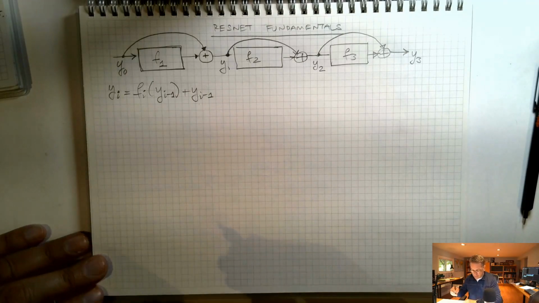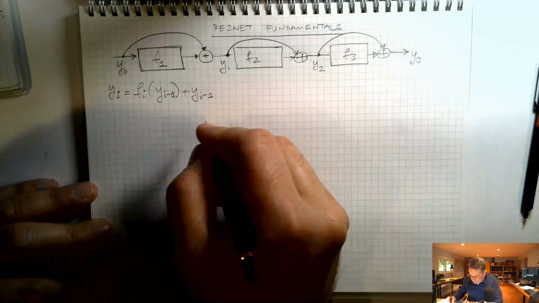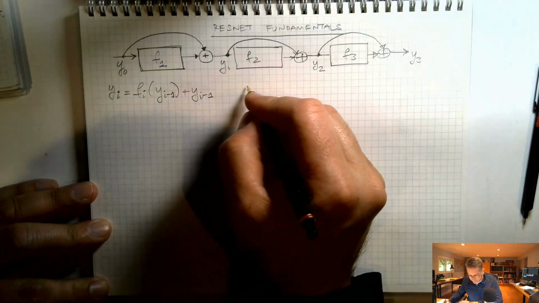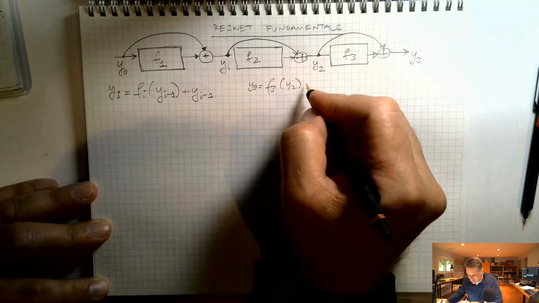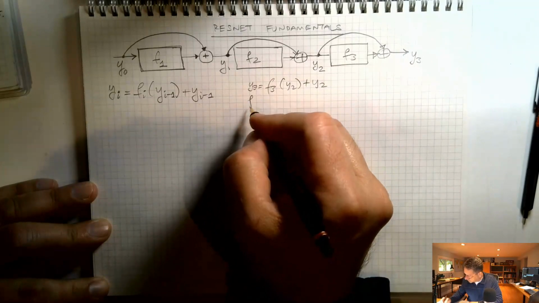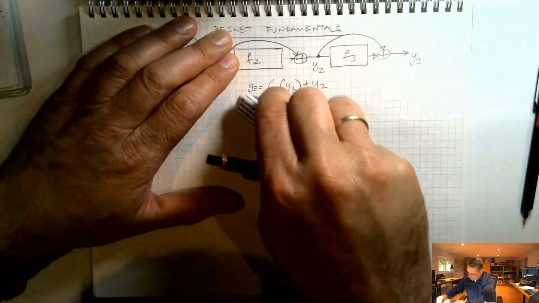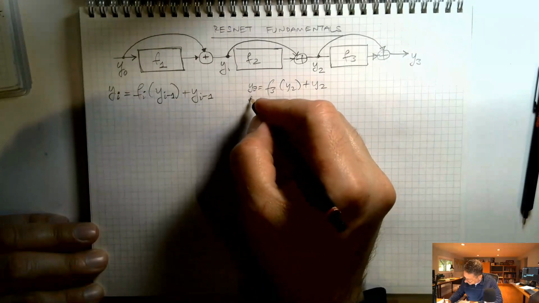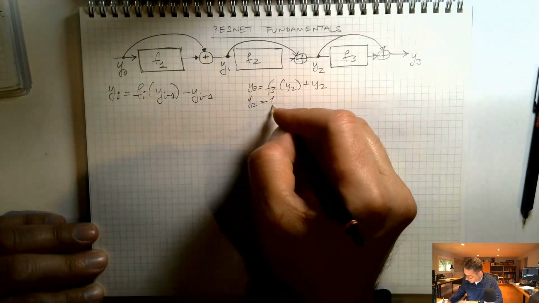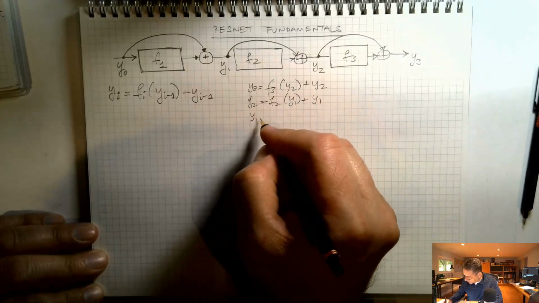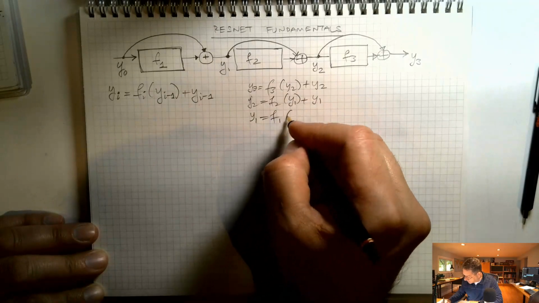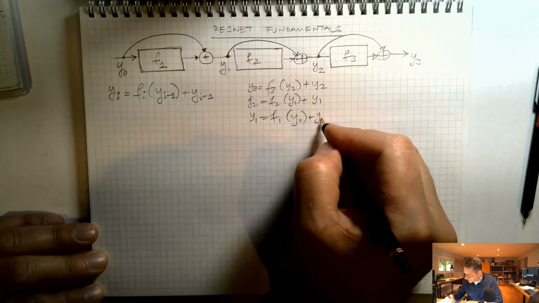So if I may write down these equations, let's say Y3 is equal to F3 of Y2 plus Y2. The Y2 itself is F2 of Y1 plus Y1, and Y1 is F1 of Y0 plus Y0.